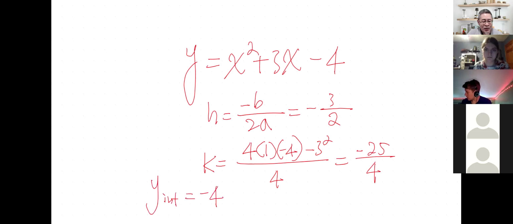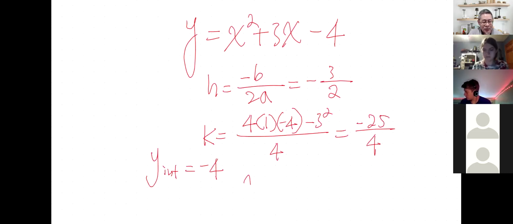And now if we want to graph it, our y-intercept is negative 4. For our x-intercept, we use x equals negative b, b is 3, plus or minus the square root of b squared minus 4ac. b is 3 squared minus 4ac, which is 4 times 1 times negative 4, and over 2a, which is 2.